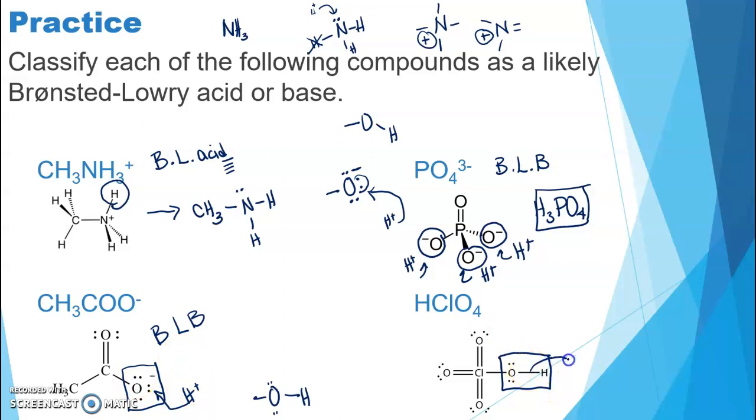Couldn't this donate it and become that? Well, it could. And in doing that, we would get a really similar structure to what we're seeing: oxygen with 1 single bond and 3 lone pairs, and then a negative charge. And so I would predict that this chemical here is most likely going to act as a Bronsted-Lowry acid because it's a proton donor. It could donate that proton.